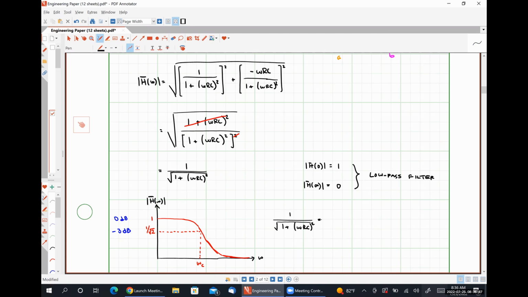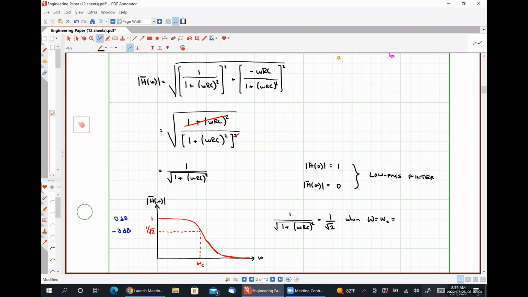And this is equal to 1 over the square root of 2 when omega is equal to omega C is equal to what?